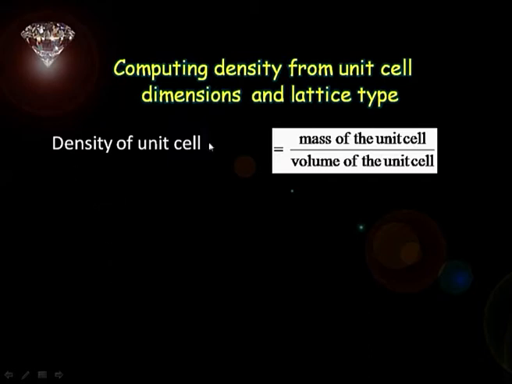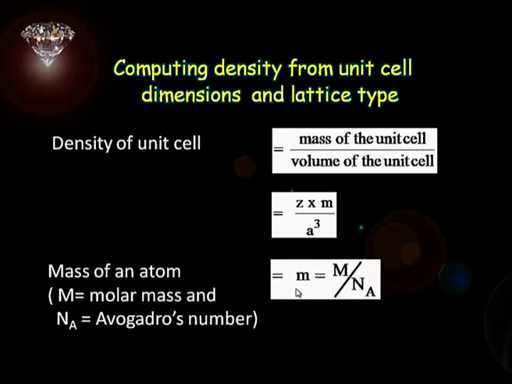So, the density of the unit cell will be the mass of the unit cell divided by the volume of the unit cell, which is Z into m by a cube. We can do a small substitution here, because the mass of an atom can be equated to the molar mass of the element divided by the Avogadro number, m equals M by Na.